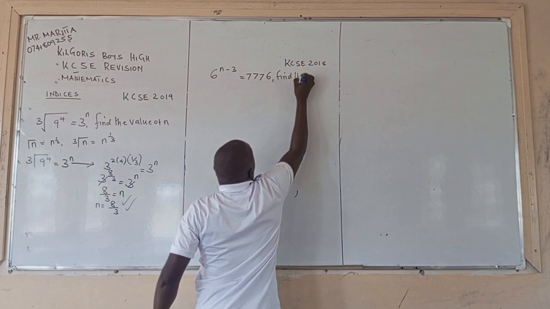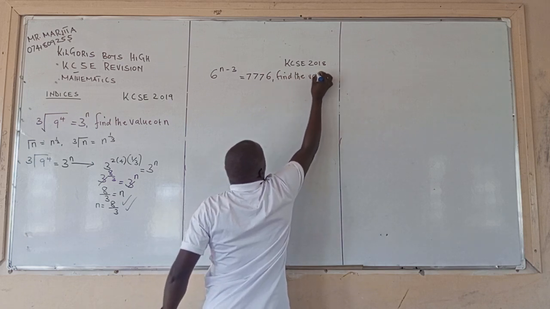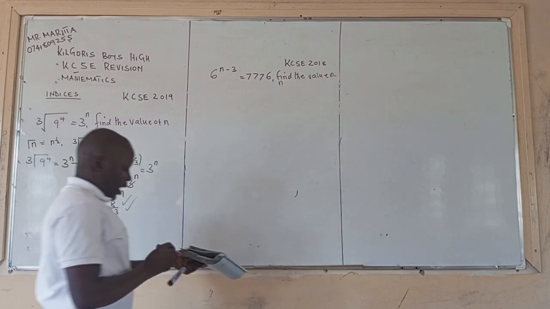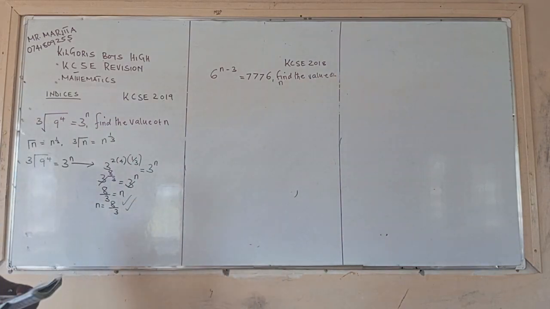Find the value of n. How do you find the value of n here in this case?